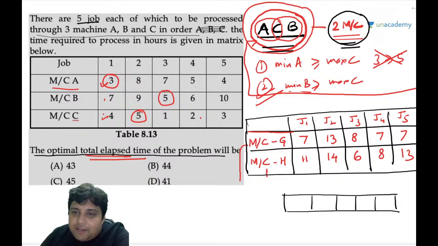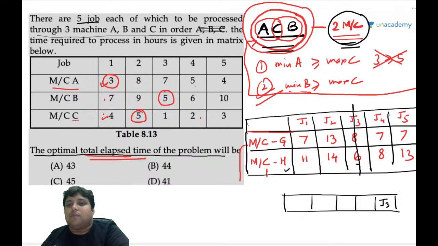Now I will find the minimum of all the jobs and all the machines. That is 6. It is in case of job 3, and on the second machine, machine H. So job 3 will go at last. If the minimum value is on the second machine, the job will go last. If the minimum value is on the first machine, the job will go in the front.